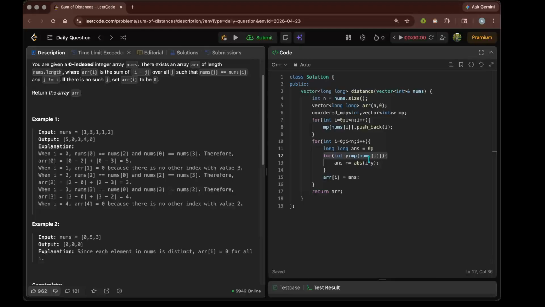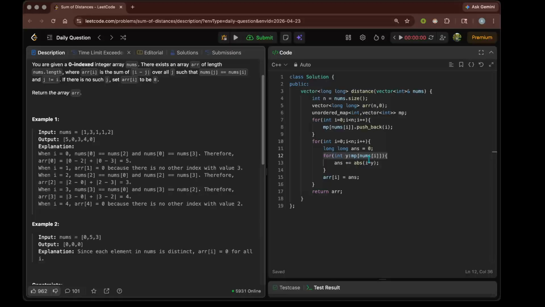So it would be 3 plus 1, that is 4. And 2 we didn't find, so it would be 0. From backward again we should come. We make it 0 first, because obviously you can't find anything before that.